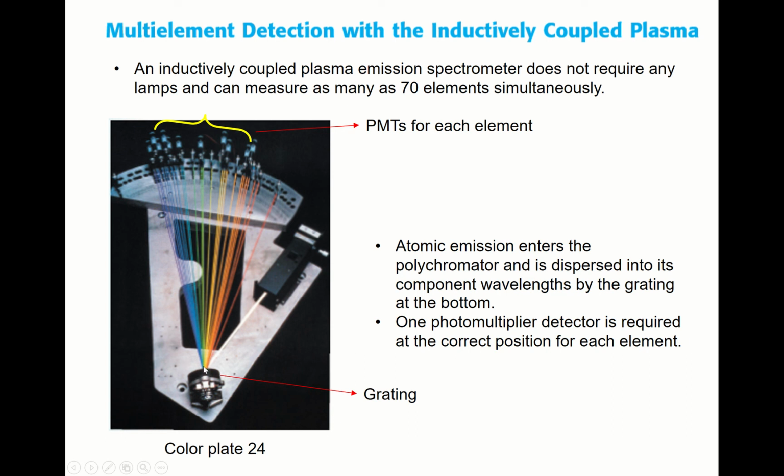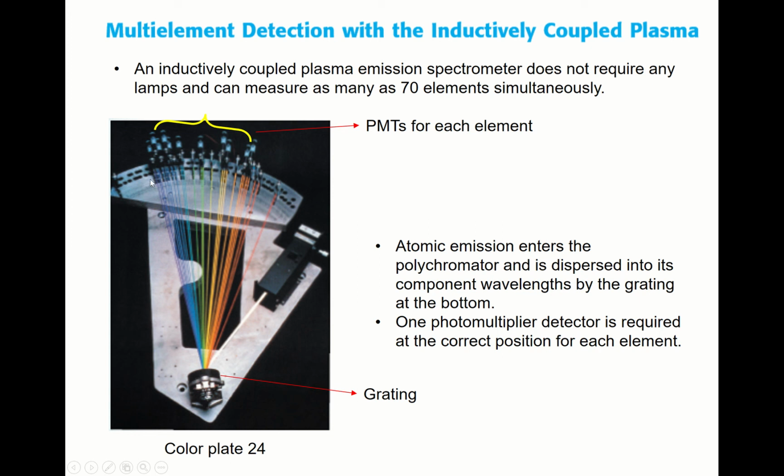You see here, at this place you place photomultiplier tubes along this frame. Each photomultiplier tube detects a specific wavelength, which corresponds to a specific element.